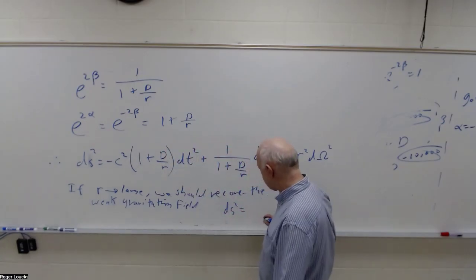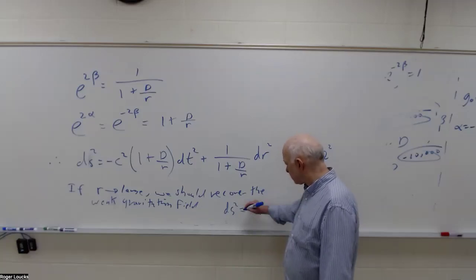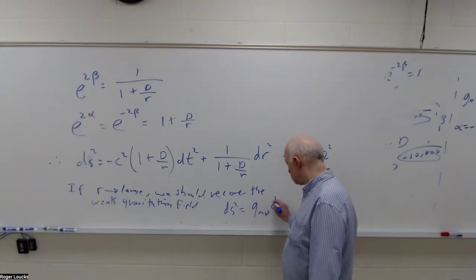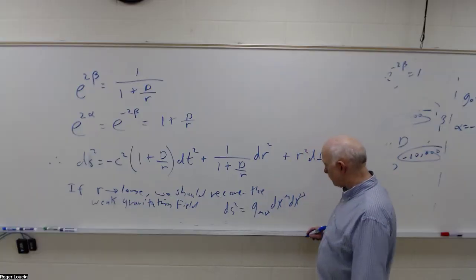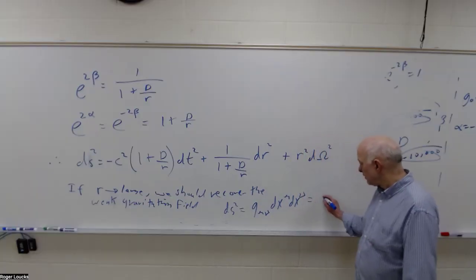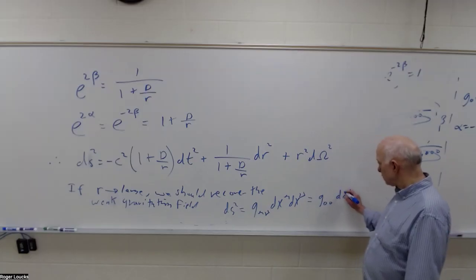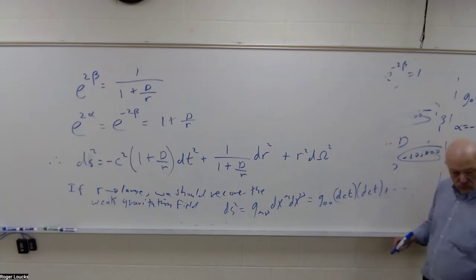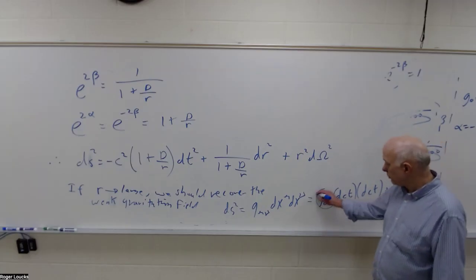Okay, remember that we have this guy here, it's going to be this minus G00. If you look at this guy here, this gives us the G00. So what do we know about this G00?